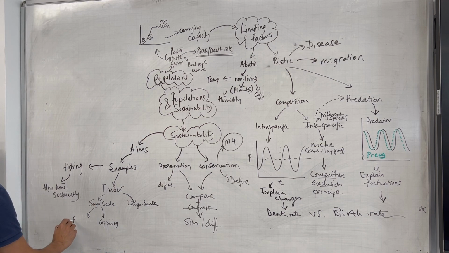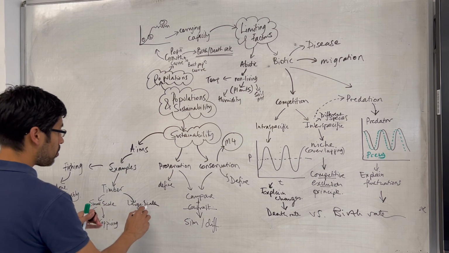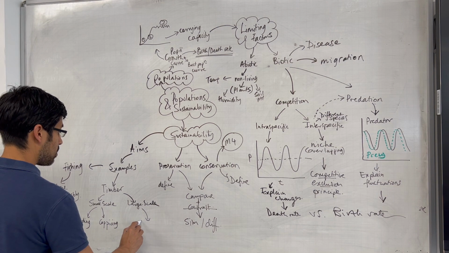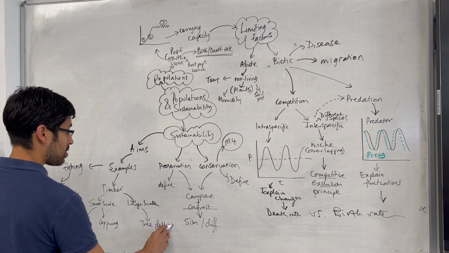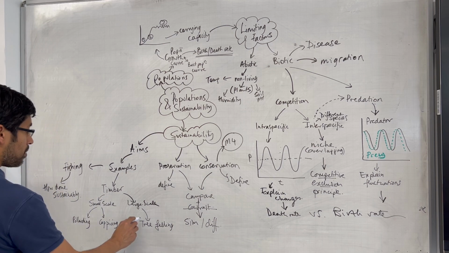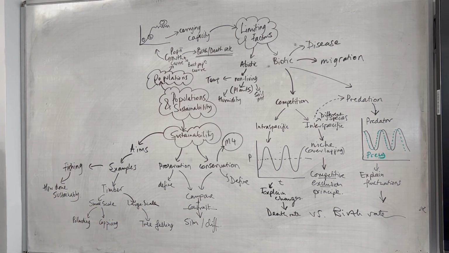We also have something called pollarding. On the large scale, we just have basic tree felling, just cutting trees down. This is unsustainable, this is sustainable. Coppicing, yeah.